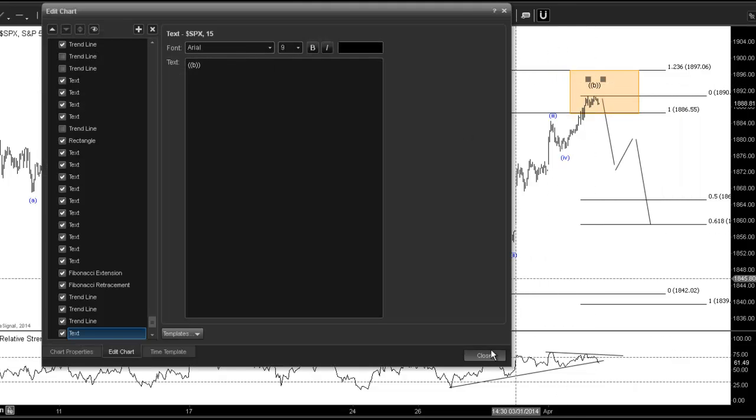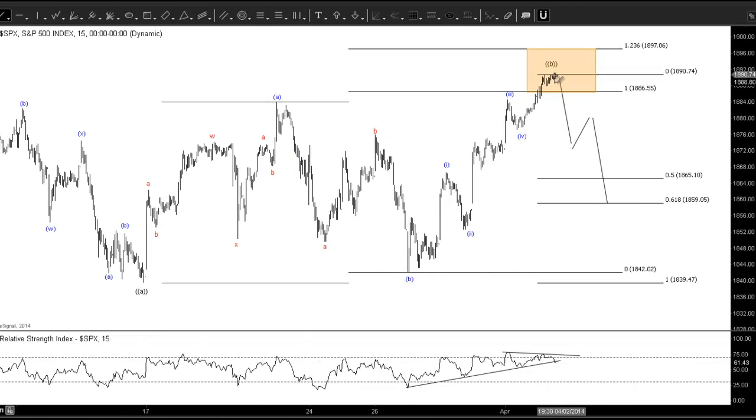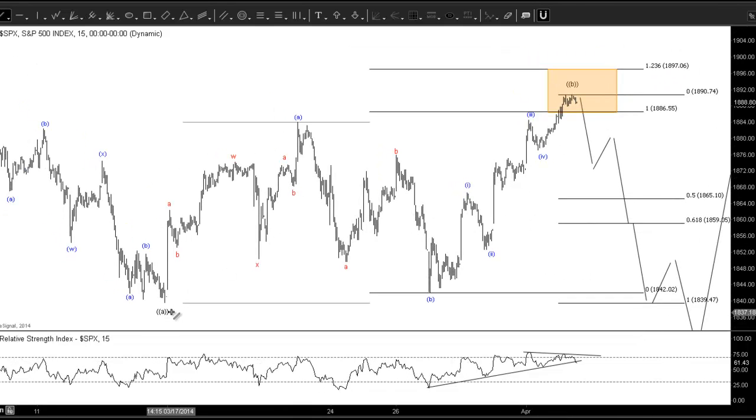And then we can expect a five-wave decline from there to either retest this low or make marginal new lows below there. In that case, we can see something like this happening, a flat structure, and then more upside. But either way, we know that there are three waves coming to an end from this low here. So there is going to be a pullback in the index.